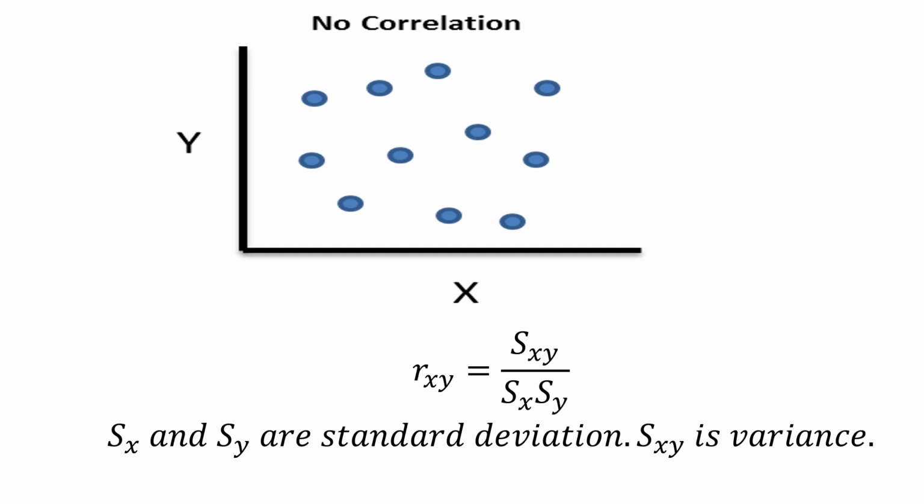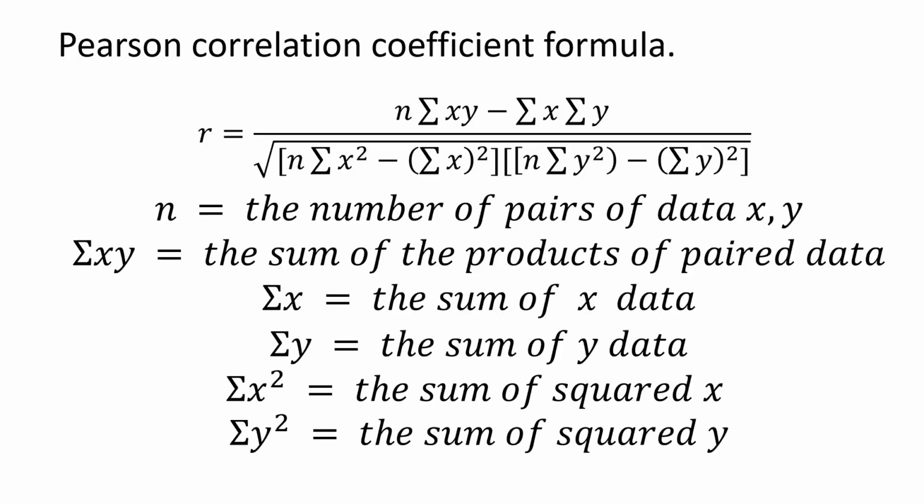Similarly, Rxy will be equal to Sxy divided by Sx and Sy. What is Sx? This is the standard deviation. Similarly, Sy is the standard deviation, and Sxy is basically the covariance. In this way, we can calculate Rxy.